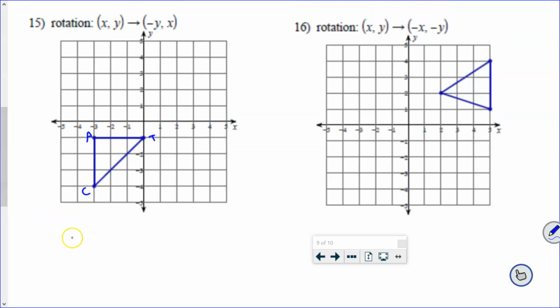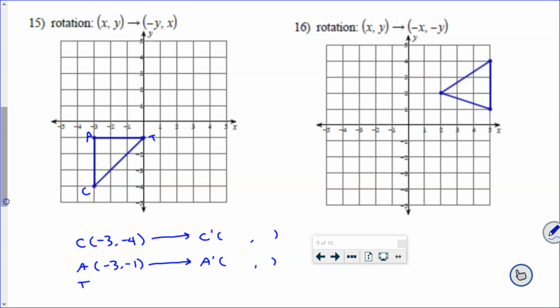Okay, so I have C with coordinates. You guys should be writing these down. C with coordinates -3, -4, and it's going to go to C prime. I don't know what those coordinates are. I'm just setting it up so I can fill it in. A has coordinates -3, -1, and it's going to go to A prime with its new coordinates.